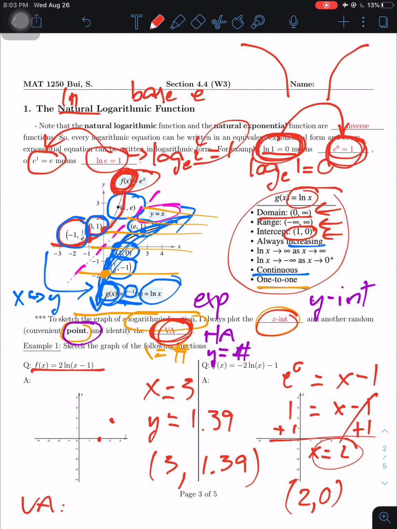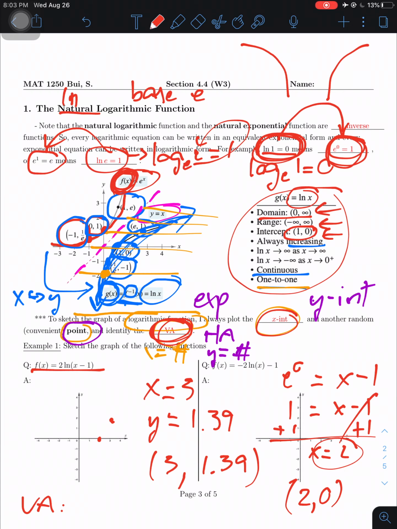And if you guys remember the last time in the exponential equations, the way that we figure out the horizontal asymptote is that we look at the free number, right? And what I mean by the free number, I explained it in the last video already. So if you have any question on that, please look back at that video. But technically, a free number is a number that stays out of the function, okay?